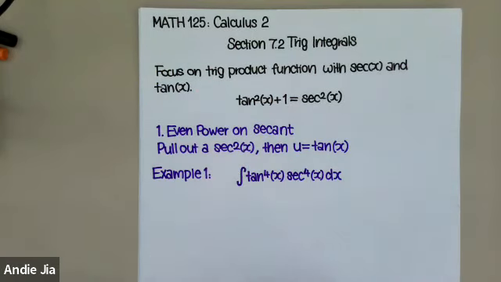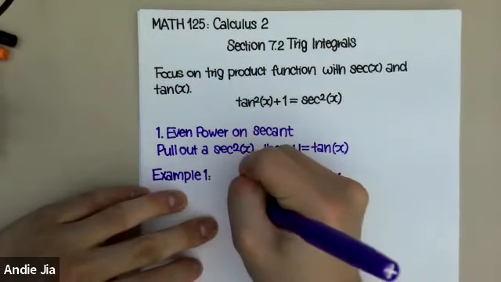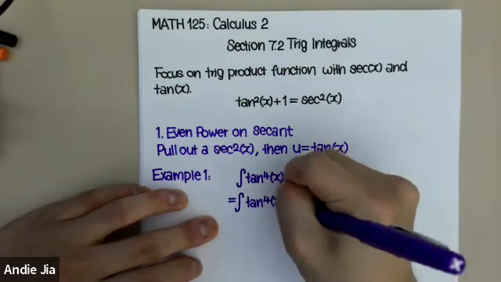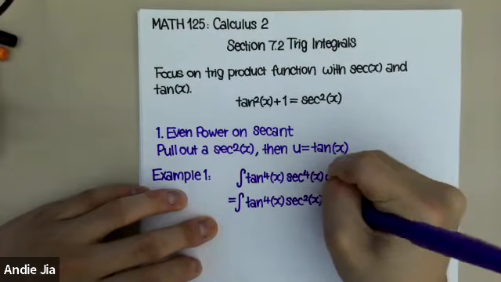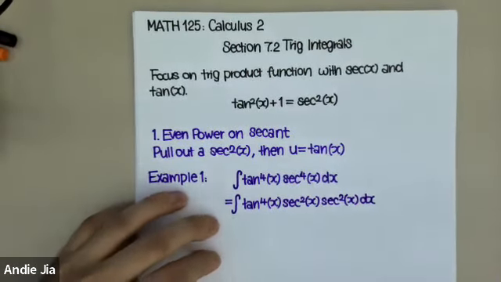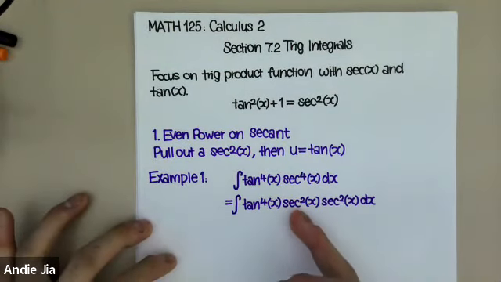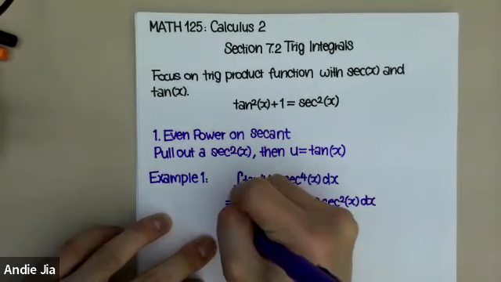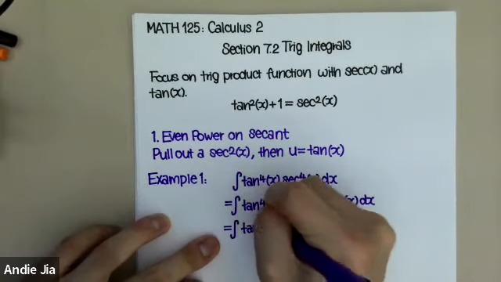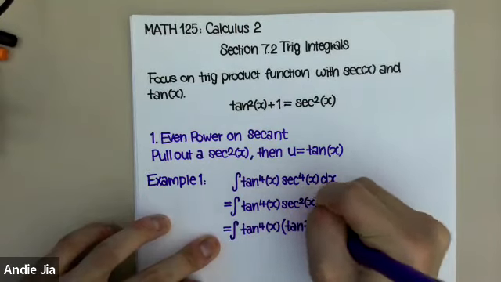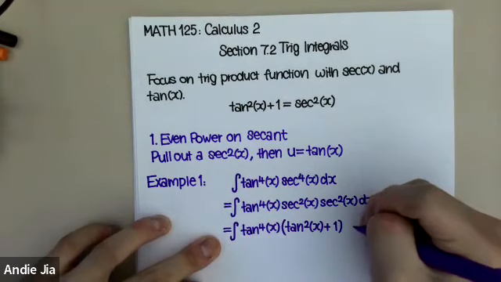It's the same strategy: factor out secant squared, then rewrite the remaining secant squared of x according to this identity, which is going to be tangent squared plus 1 times secant squared.